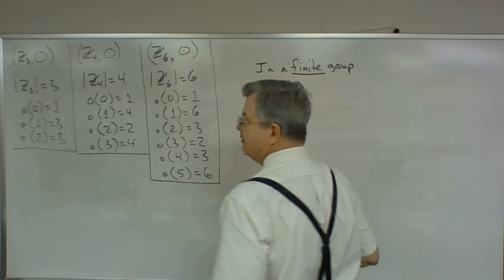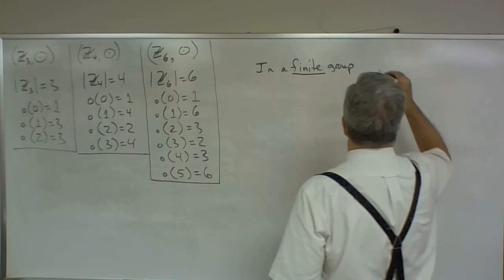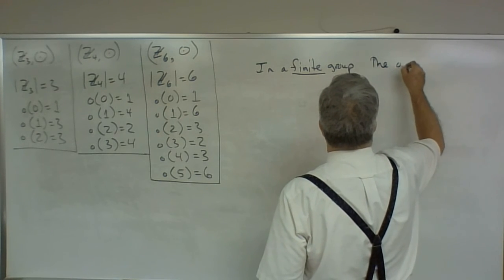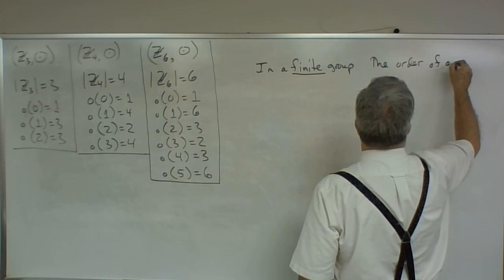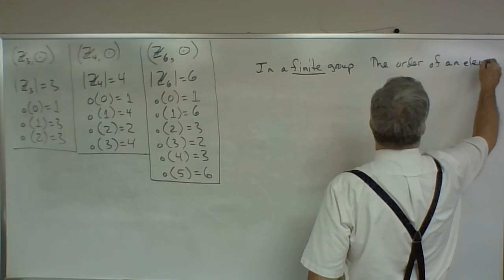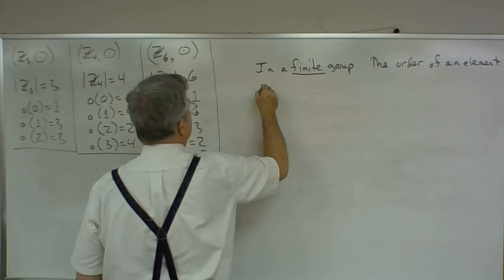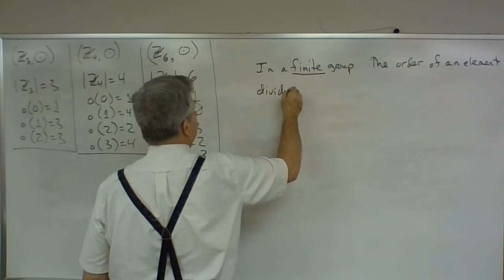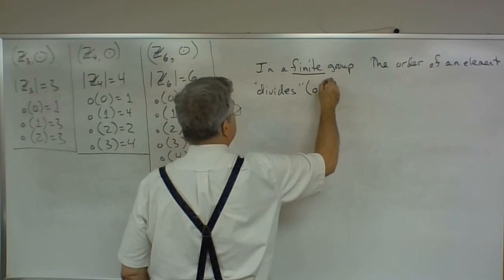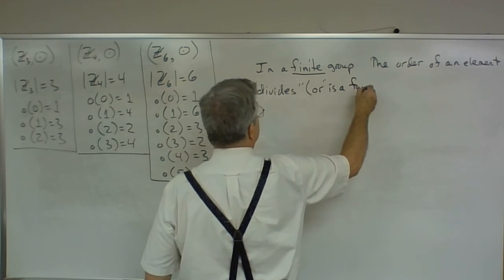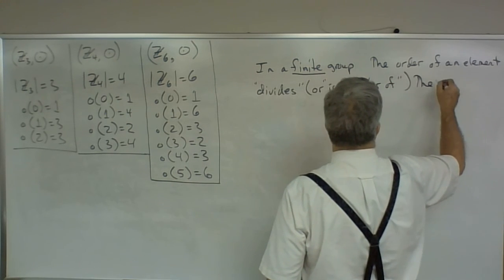In a finite group, a group with finitely many elements, the order of an element, any element, divides or is a factor of the order of the group.